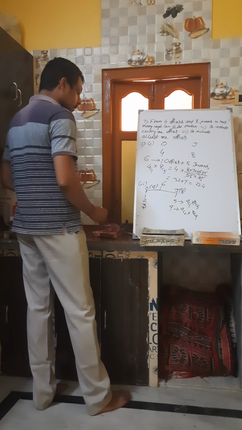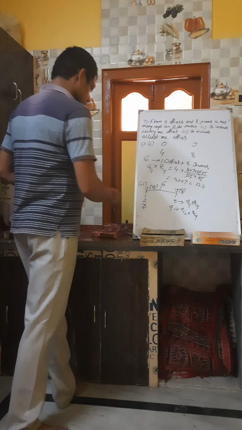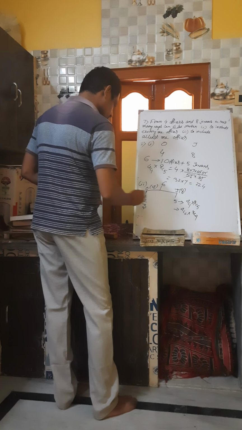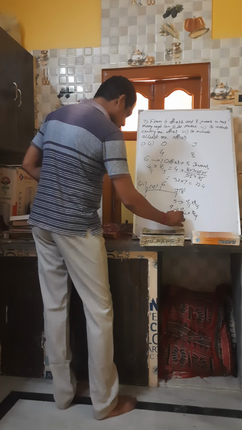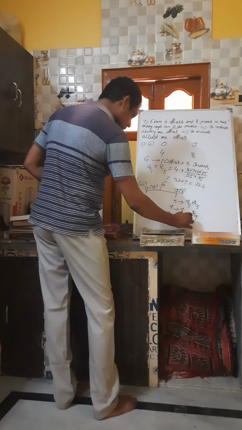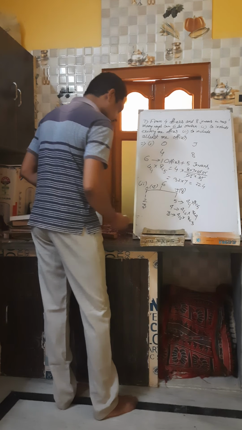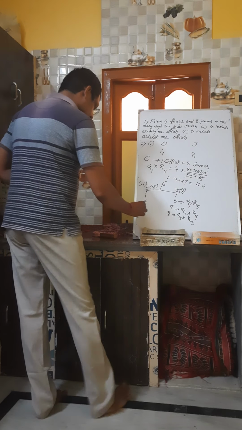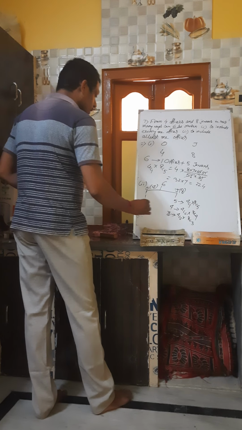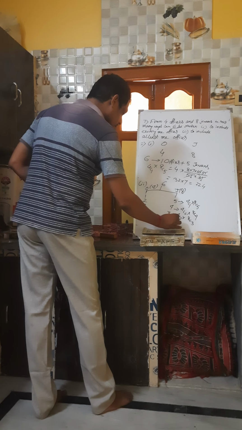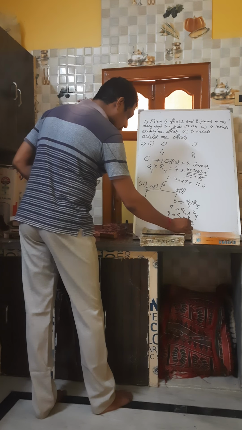When there are 3 officers, there will be 3 jawans. So 4C3 into 8C3. Next, 4 officers can be there, and when there are 4 officers, there will be 2 jawans. So 4C4 into 8C2.